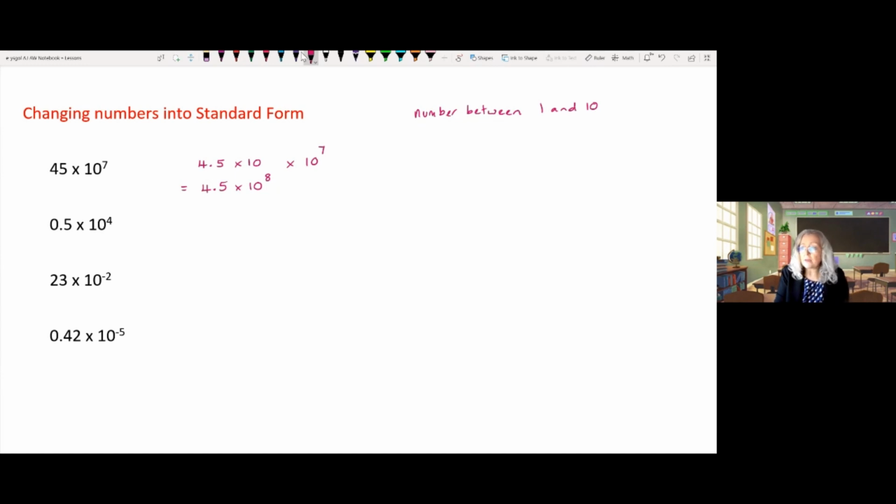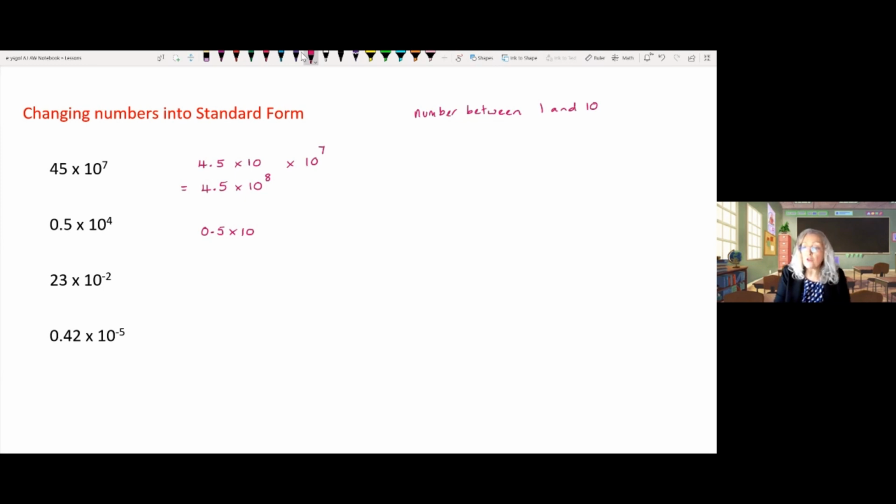Now the next one is tricky. With the next one, what I need to do is I actually need to multiply this 0.5 by 10. So I need to do 0.5 multiplied by 10 in order to get this to being a 5, which is the whole number that I'm going to want in the front.